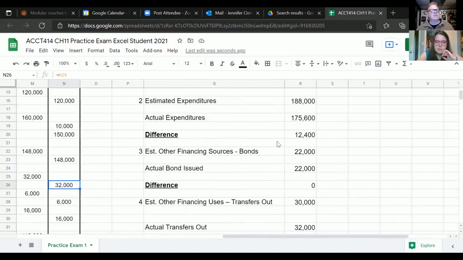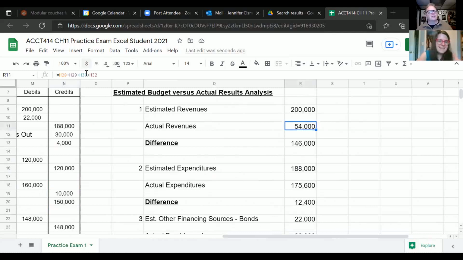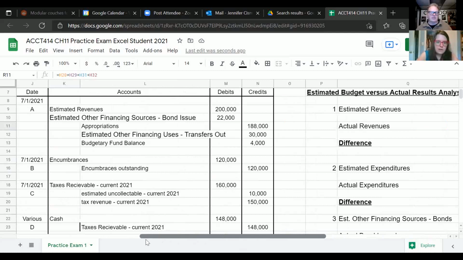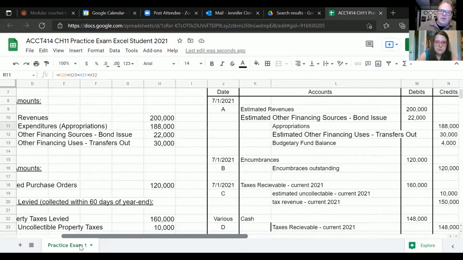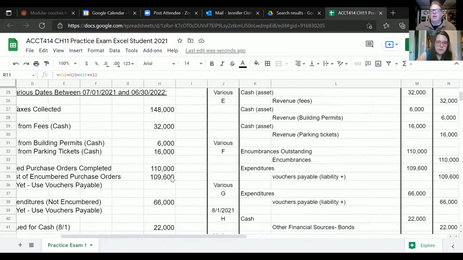It's an unhappy coincidence that I have that 1,000 sitting there along with the revenues. 4,000 is the difference. So they actually got 4,000 more of revenues than they thought they would. Right. Okay, that makes sense.